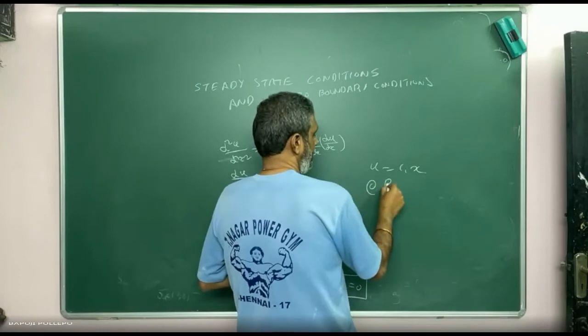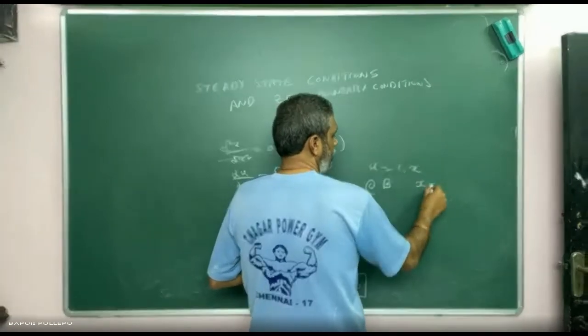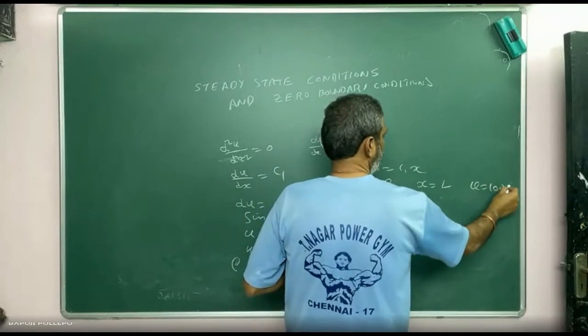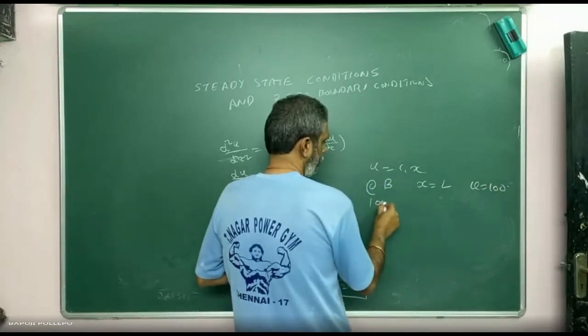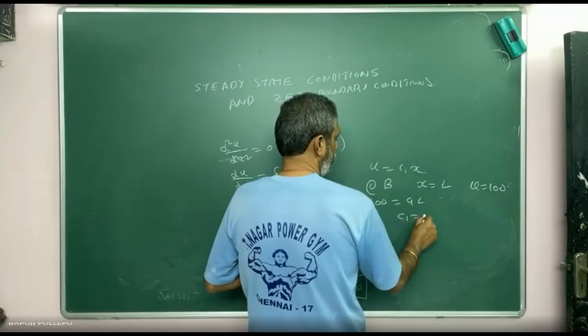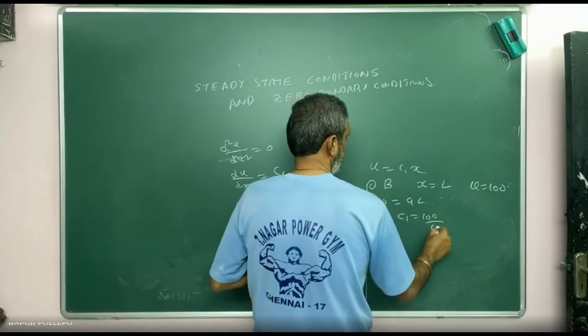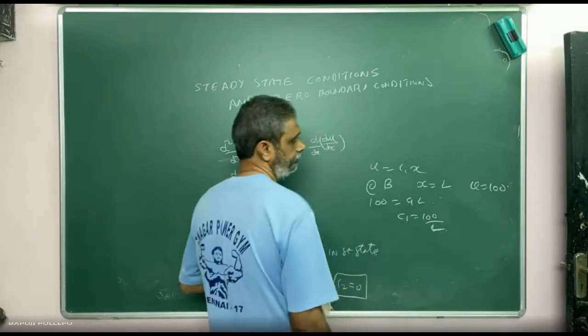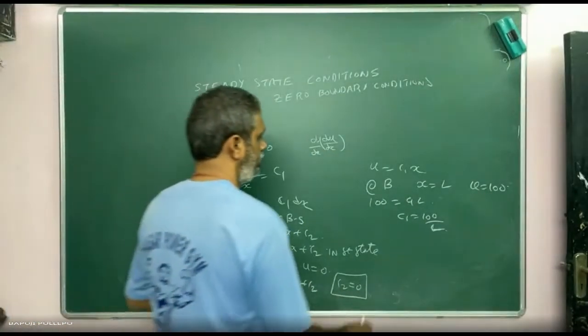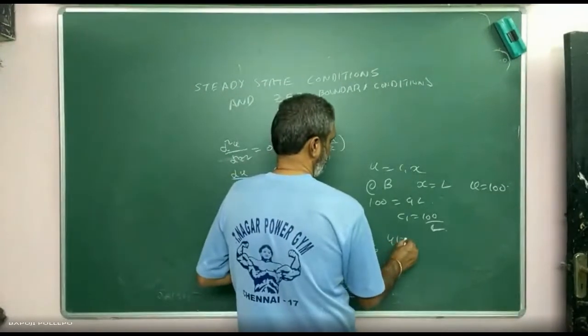At B, x is equal to L, u is equal to 100. Now 100 is equal to C1 into L. So C1 is equal to 100 by L. Now, what is my u of x?